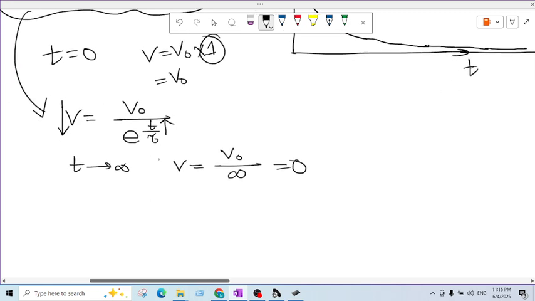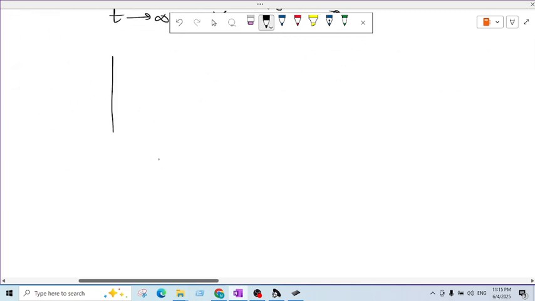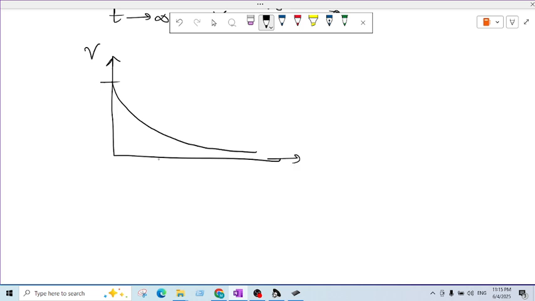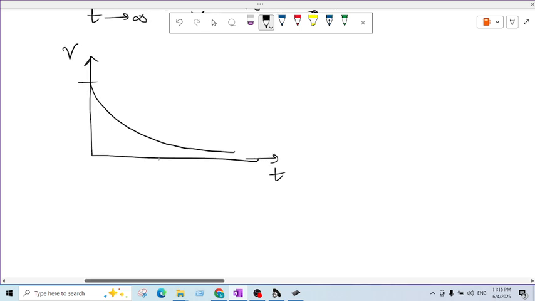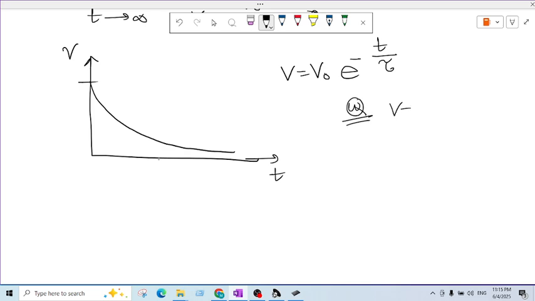Okay, so let's write this graph again. It looks like this, right? v versus t, and the equation of this graph is v naught e to the power minus t by tau. Now let's see one thing: one question, when v is equal to v naught by root 2.